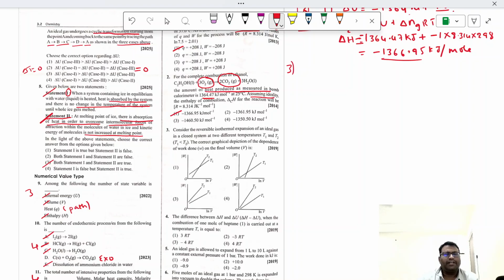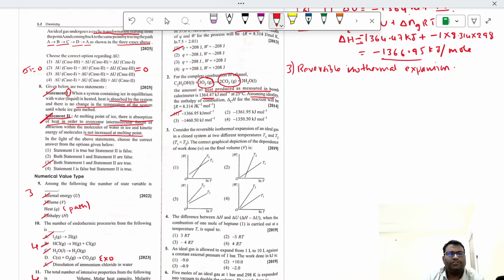Consider a reversible isothermal expansion.